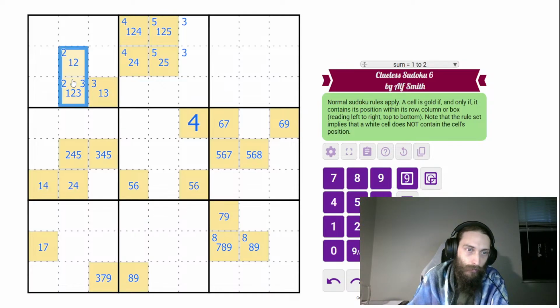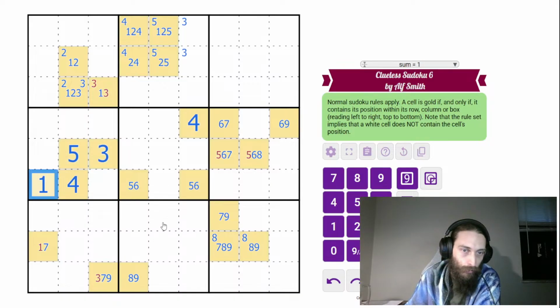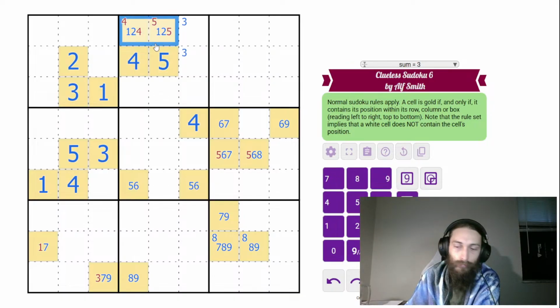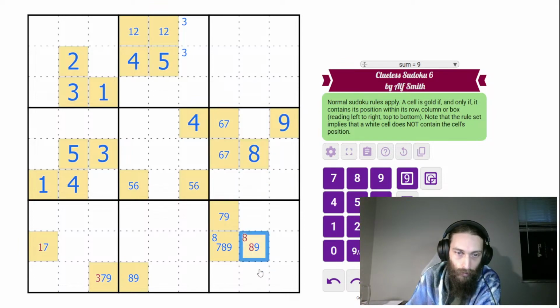The 2 that's one of those two takes those 2's out. So 4, 5, 3, and 1. 1, 2, 3, 4, 5. 6, 7 pair places 8, 9, 9, 7, and 8. And suddenly 6, 7, and I did something wrong.